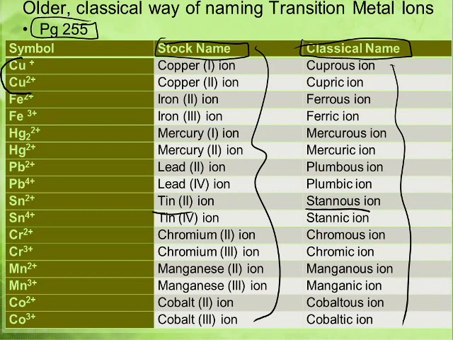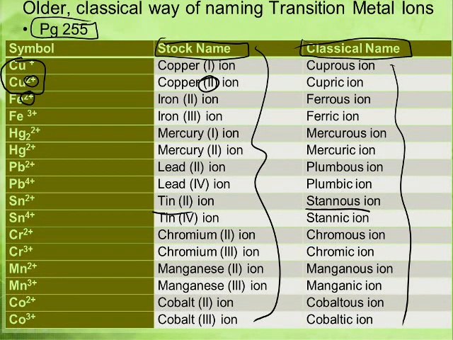So, for example, we have copper up here. Copper has a 1 plus and a 2 plus, for example. So a 1 plus would be, in the new way, copper 1. That means it has one charge. So transitions will always be positive. They'll be positive metals, cations. Copper 2 plus, the 2 corresponds to the 2 here.